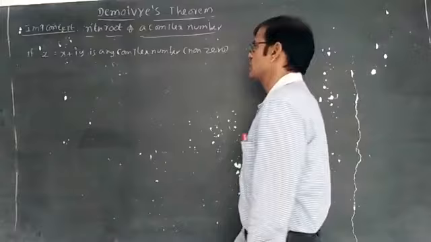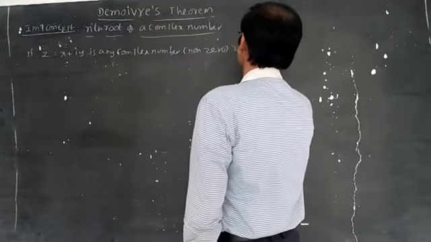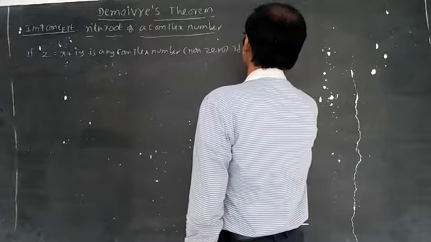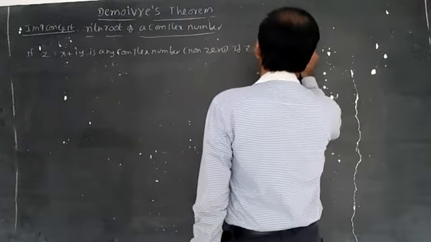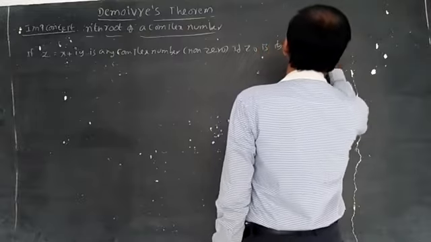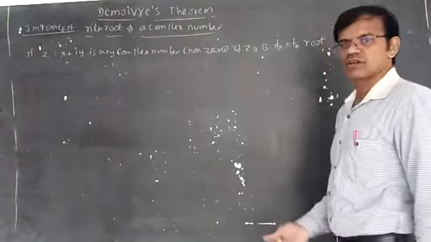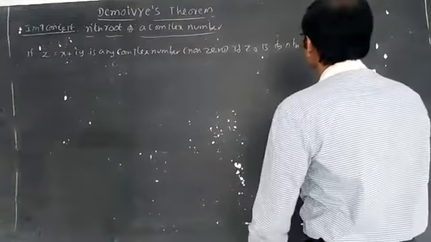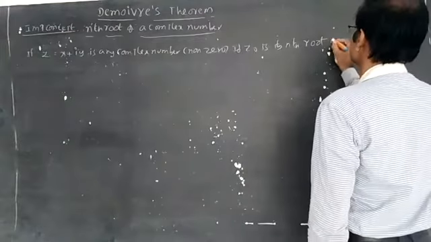If z is the non-zero complex number, and z naught is its nth root, z naught is any other complex number. Nth root of a complex number may be a complex number.